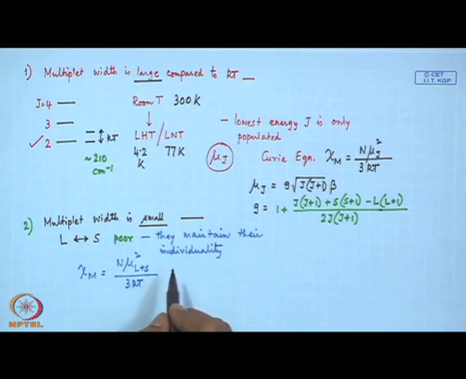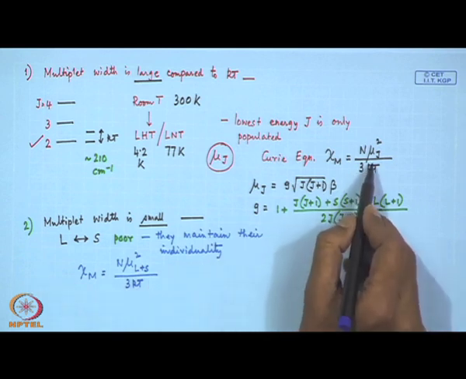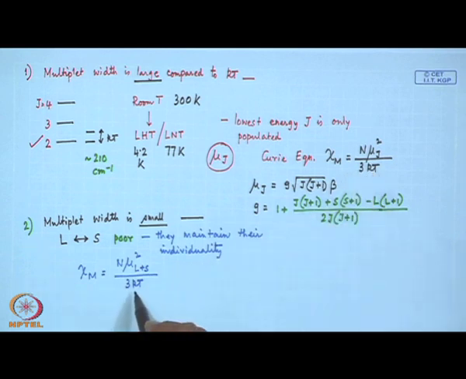So, we can compare the magnetic moment theoretically, whether we are getting a magnetic moment using the mu J equation or mu L plus S equation or mu S equation.